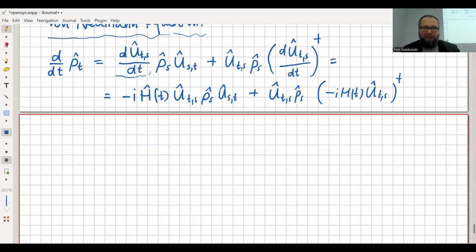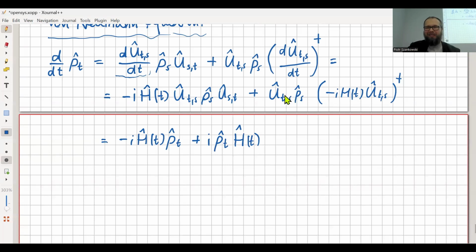So we execute the daggers, we collect evolution operators and rho_S into rho of t. So we have minus i H of t rho_t, and here we have plus i rho_t H of t, but it's on the right side of rho.